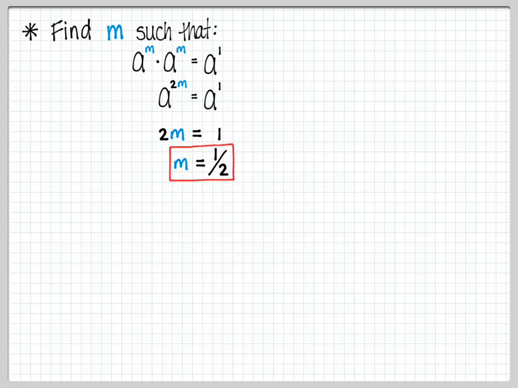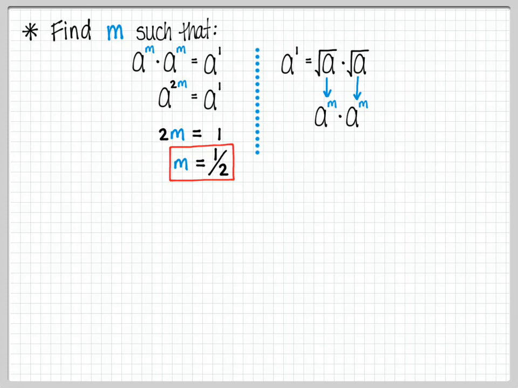We also know that a to the first is the same thing as the square root of a times the square root of a. So the square root of a and a to the m must be the same thing. We already solved for m, so the square root of a must equal a to the 1/2 power.